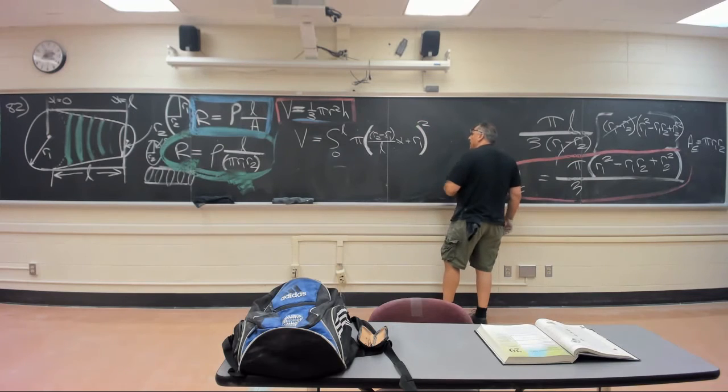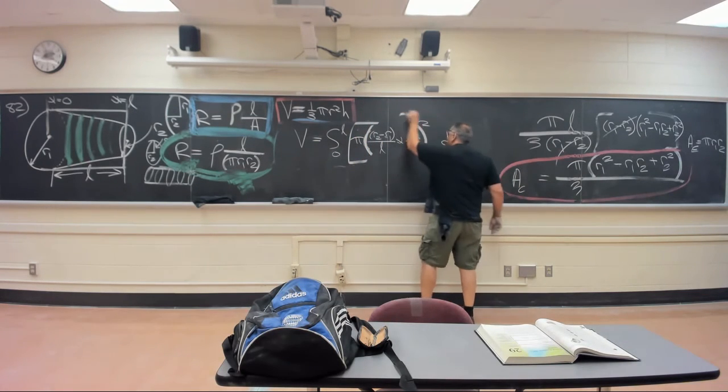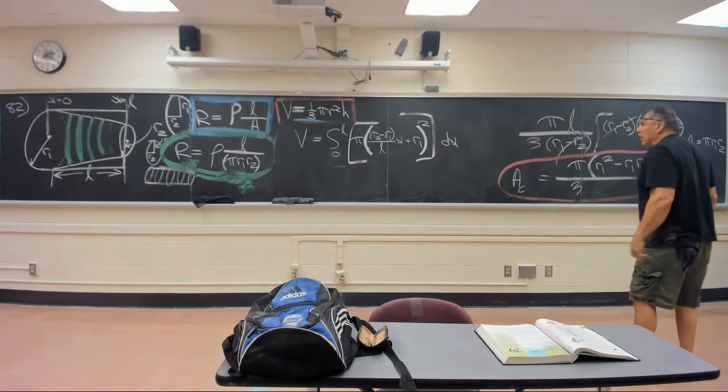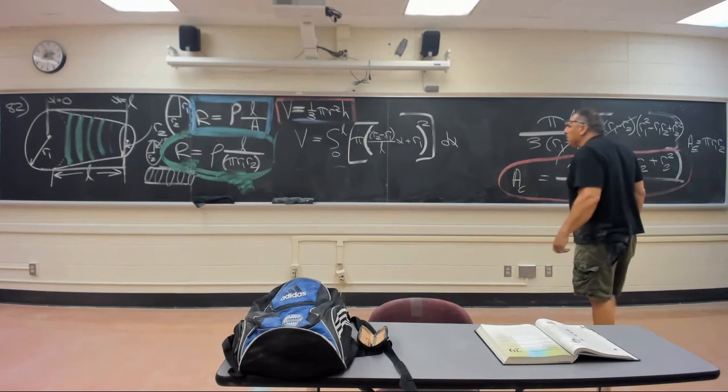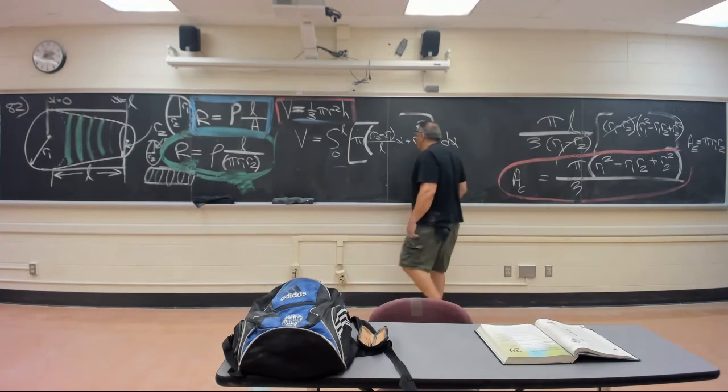The whole thing here is cross-sectional area. I don't know what the average is. I've got to do this, then divide by L, maybe find it. How are you going to do it?